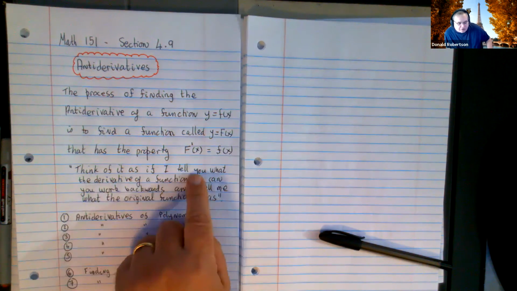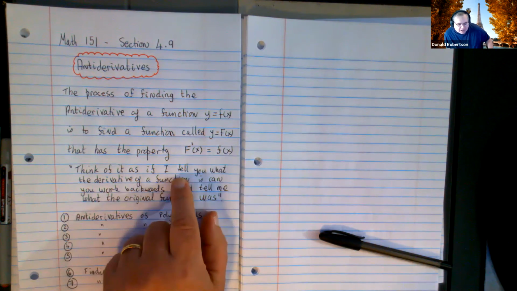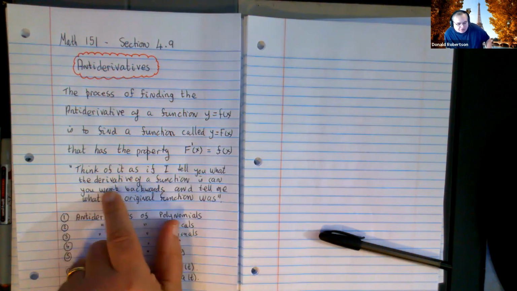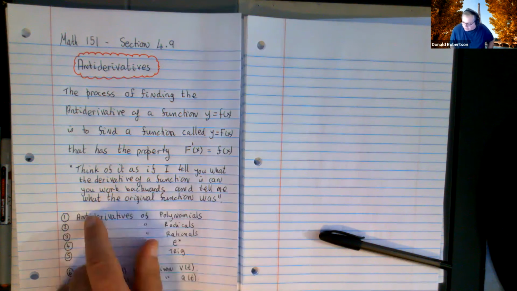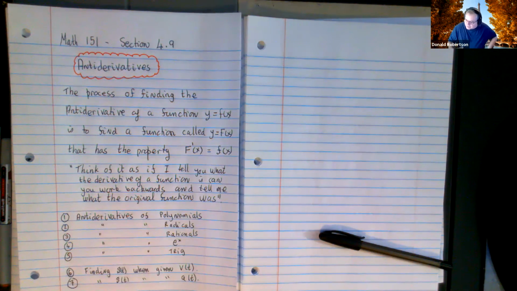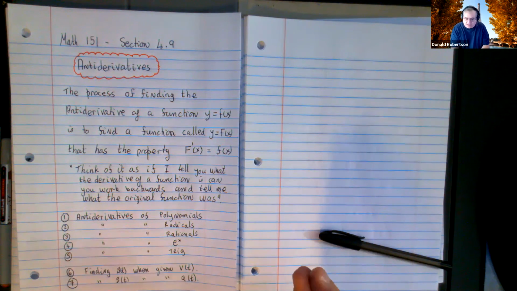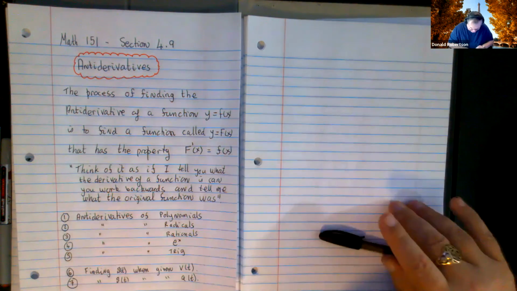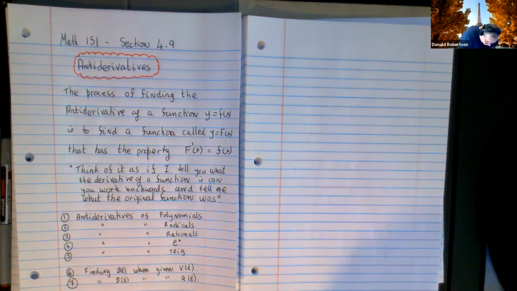If I tell you what the derivative of a function is, can you work backwards and tell me what the original function was? So the antiderivative is kind of like that. You're going to try and work backwards. You're going to say, okay, what function would you need to start with to get this thing as your derivative?